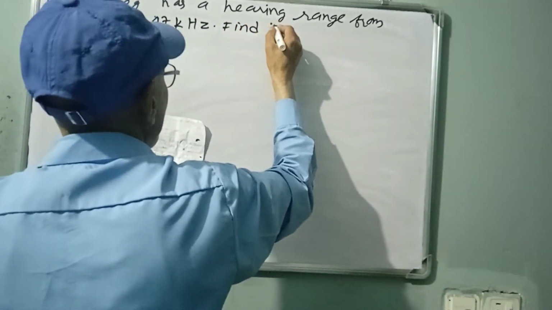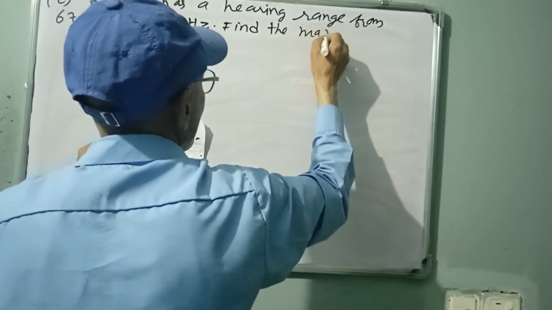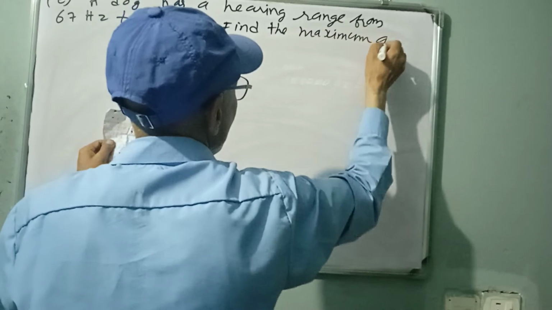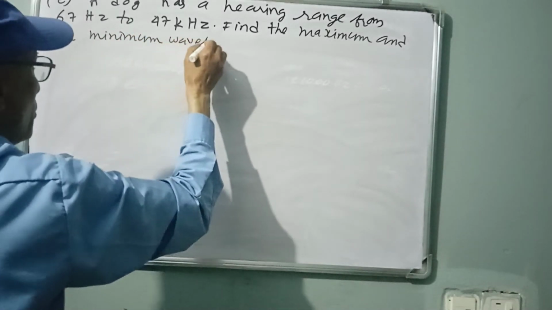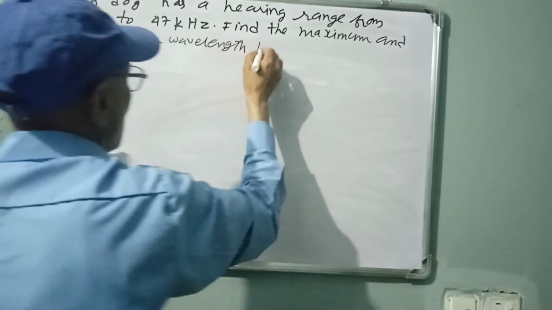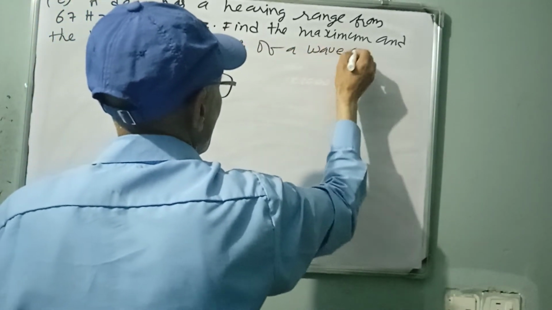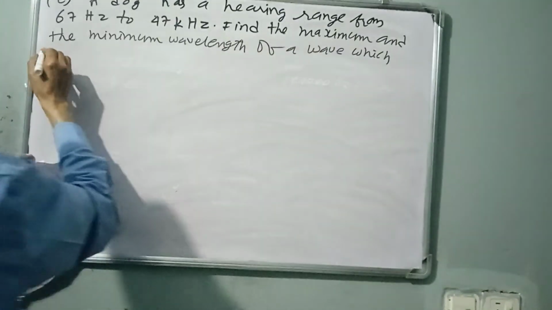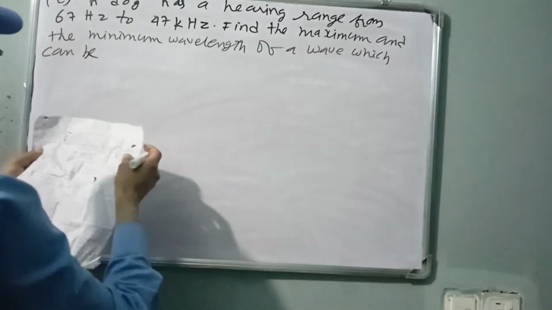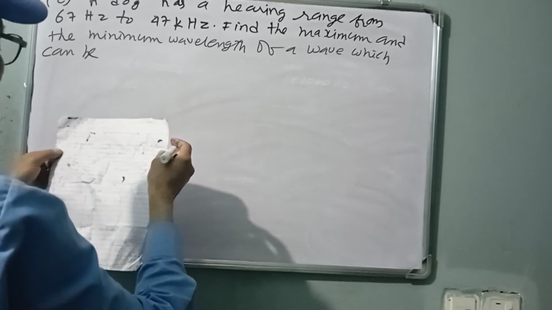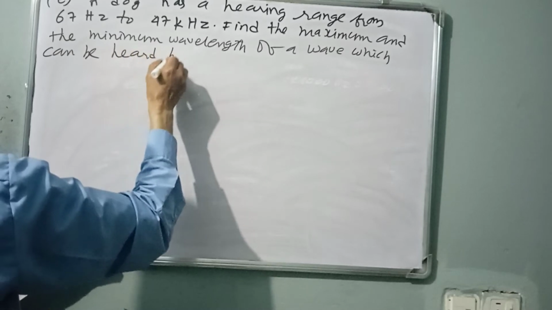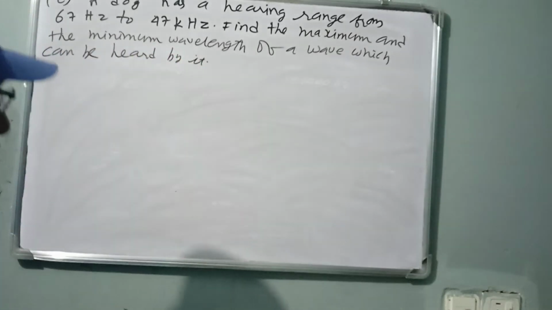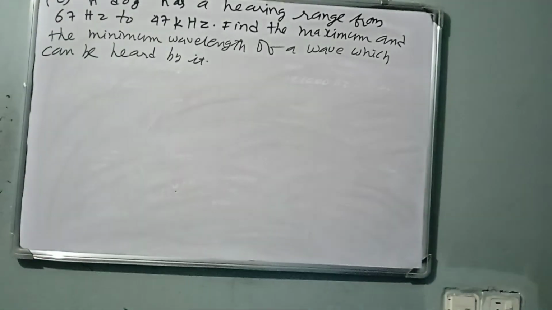Find the maximum and the minimum wavelength of a wave which can be heard by it. If you need a calculator, you can have it.